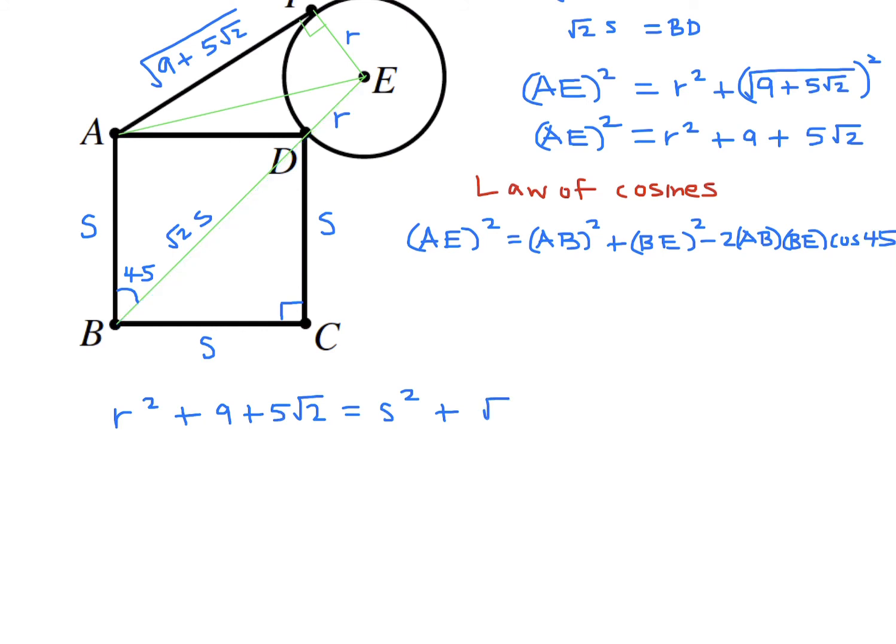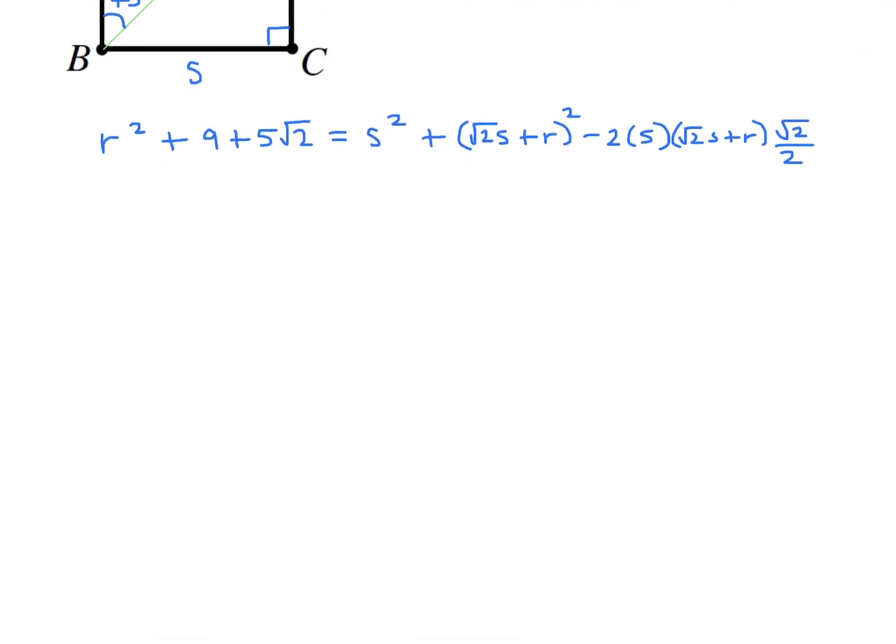So that's root 2 S plus R, all squared. Okay, just make sure you don't make any mistakes there. Then we got our S and BE again, so root 2 S plus R times the cos of 45, which is root 2 over 2. All right, so this is our equation that hopefully will help us solve for R over S. That is what we have to figure out.